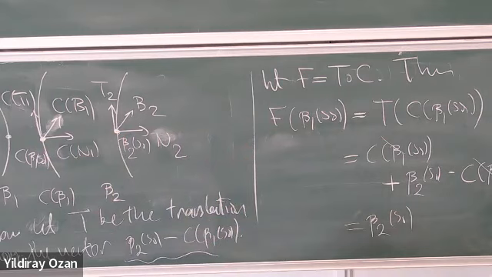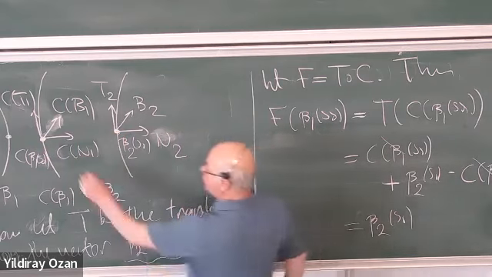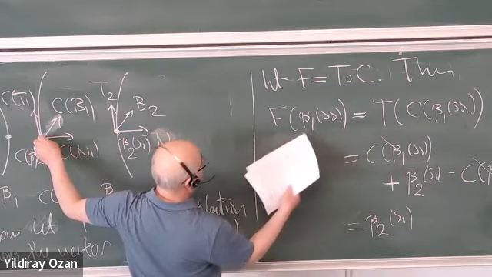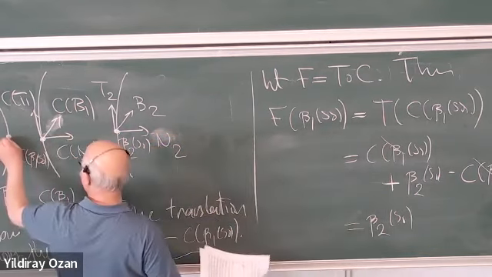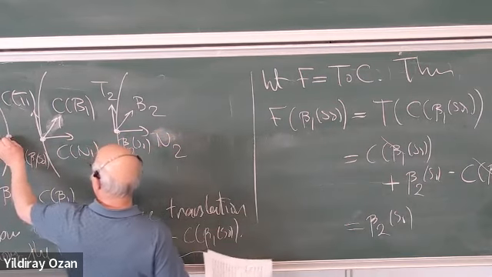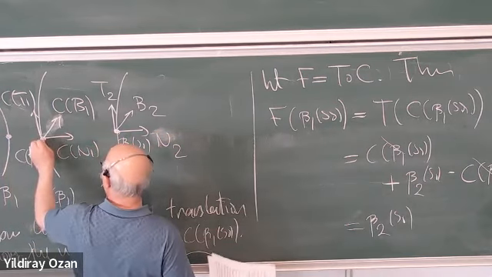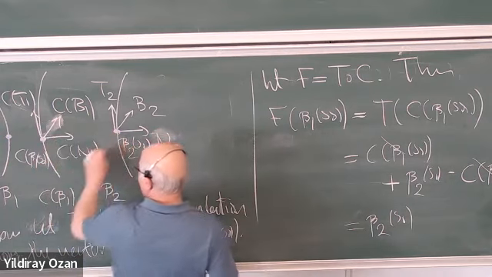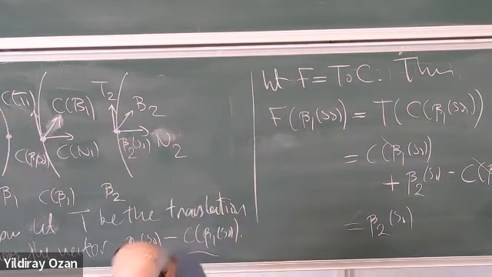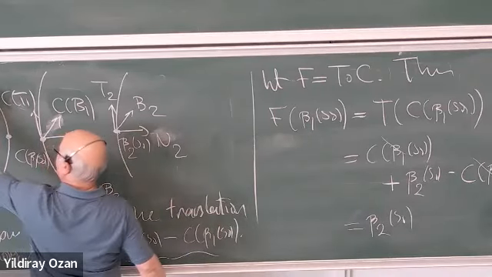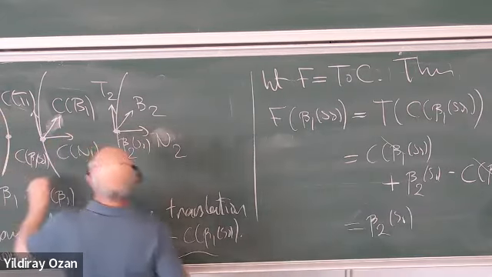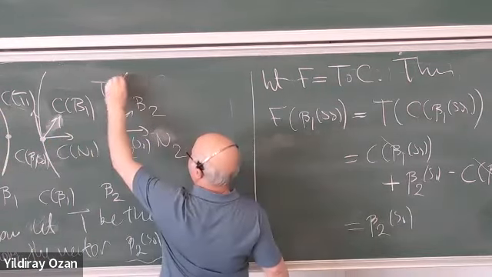Of course, I am not sure at the moment. You know, this point, beta, where was it? So F sends this point first to this point via C and then via translation to this point. So this curve, let's say this is a green curve, is moved to a curve here.